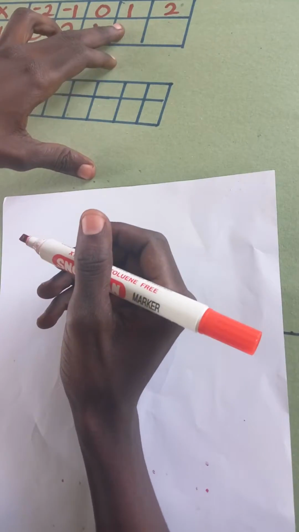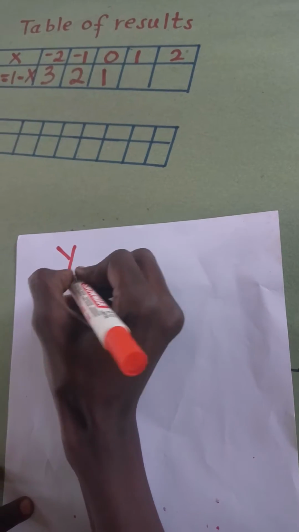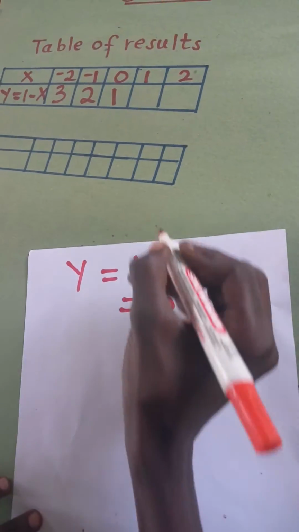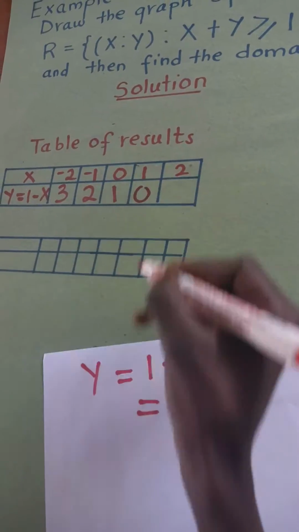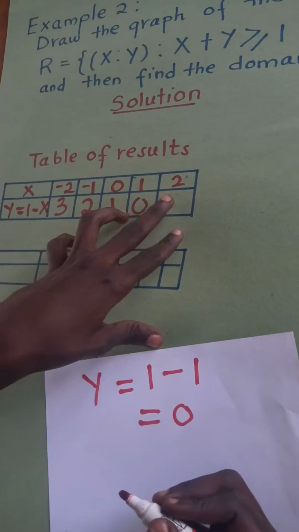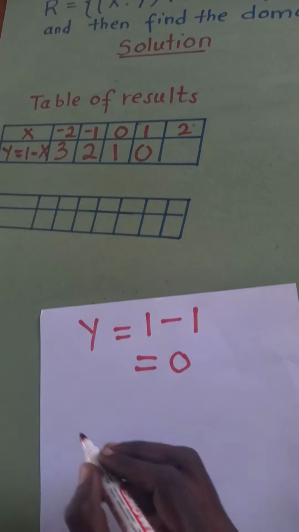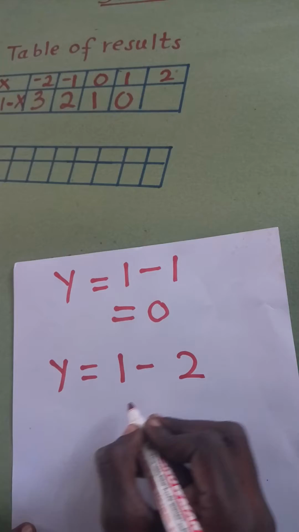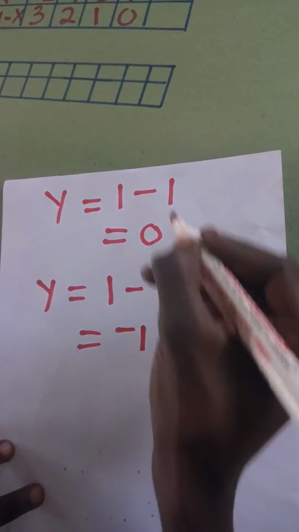When x is 1, y is equal to 1 minus 1, which is 0. When x is equal to 2, y is equal to 1 minus 2, which is equal to negative 1.